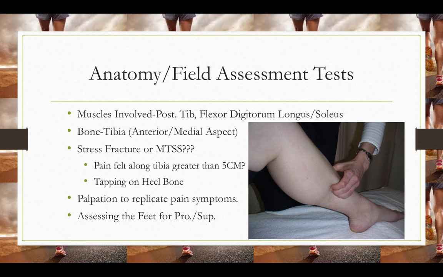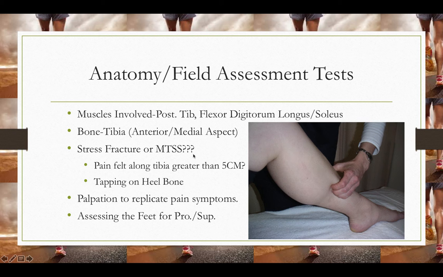One particular important thing to distinguish when testing for this is whether it's a stress fracture or MTSS. To do that, if the pain felt along the tibia is greater than 5 centimeters, chances are pretty good that the pain is associated with MTSS.